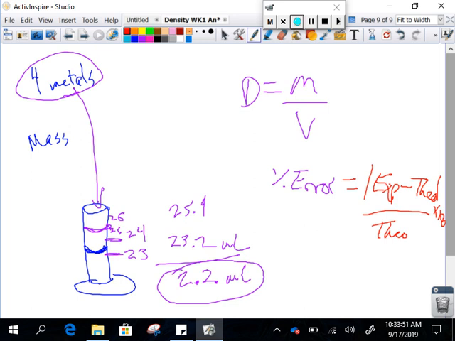The experimental value is what you are calculating. When you do the mass from the scale divided by the volume, these are the experimental answers. The theoretical values are given on the paper. It says copper is, it says zinc is, it says lead is, it says it right on the paper. Just read the paper.